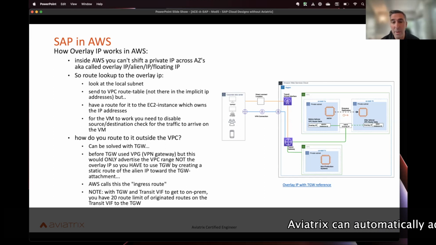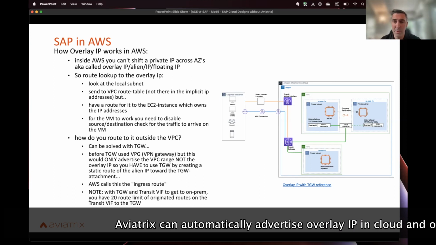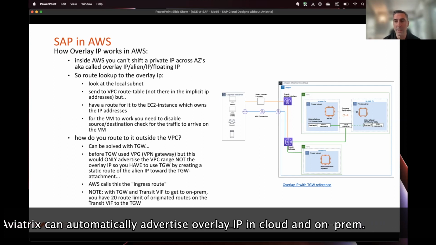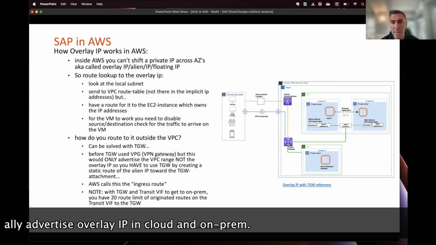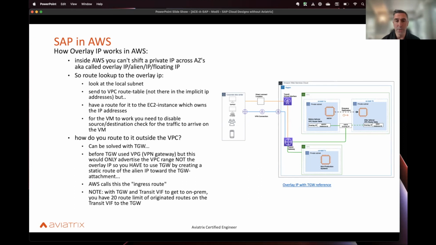How do you then route outside the VPC? Presumably you have more than one VPC in your cloud. You have other VPCs that need to access this SAP HANA system, or you have on-prem, where you have your applications, your HANA Studio, your SAP GUI, mobile users, all sorts of users that need to access your SAP system.